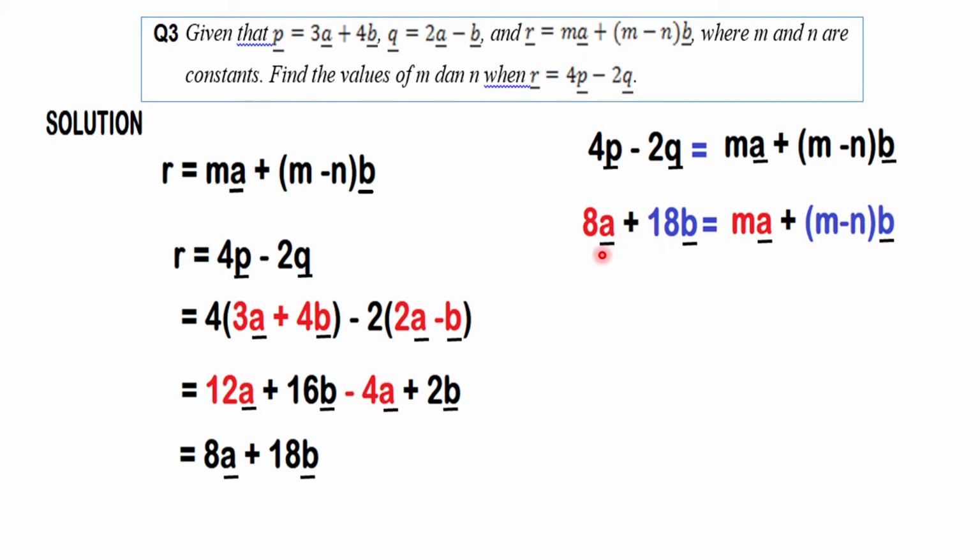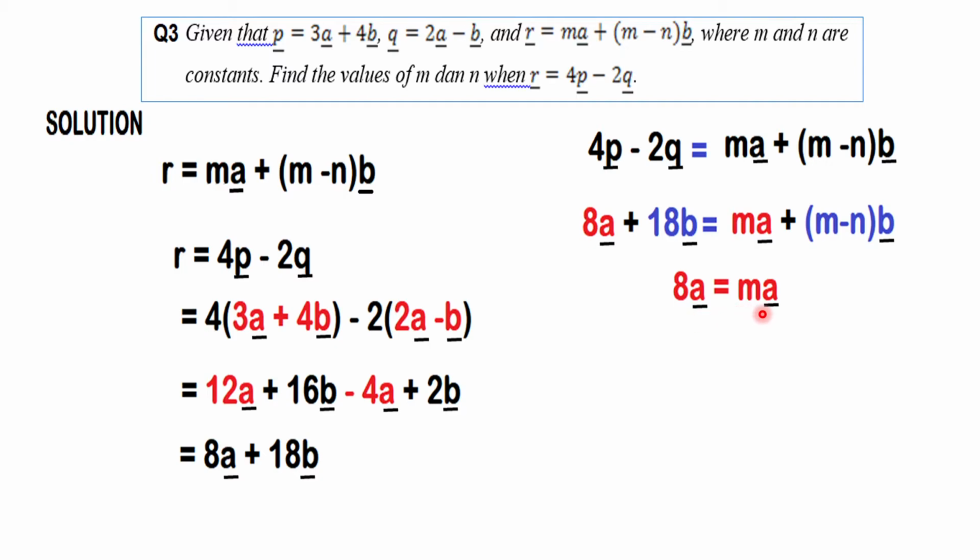So change the 4p minus 2q as 8a plus 18b equals ma plus in bracket m minus n, b. So now we have vector a and b on both sides, so we can compare. For the vector a written in red, when you form the equation, 8a equals ma.